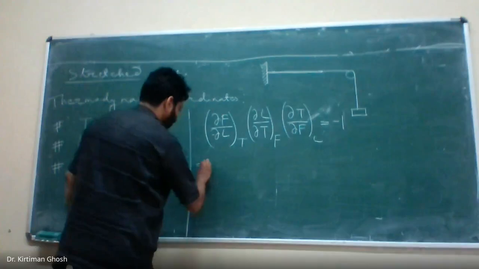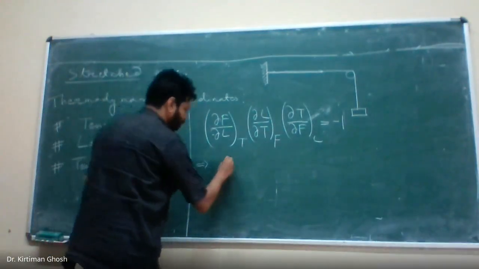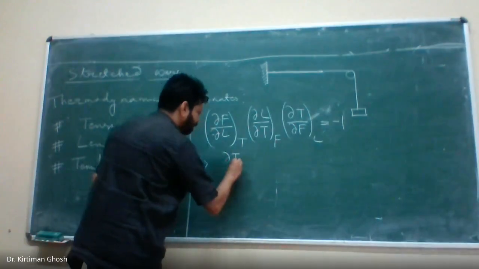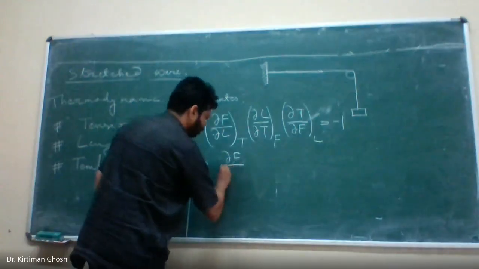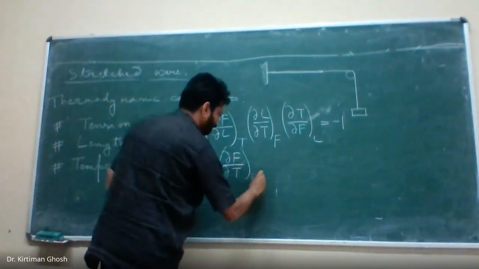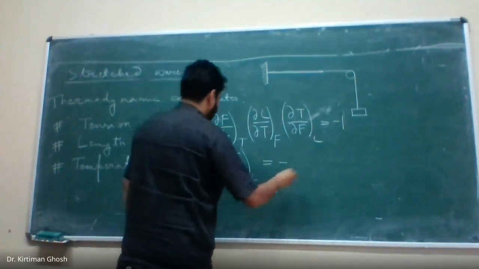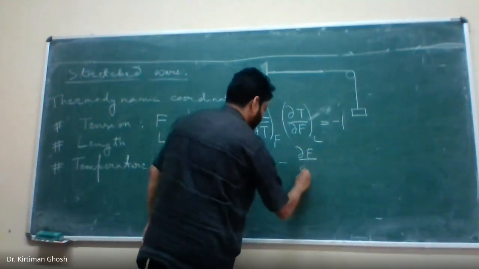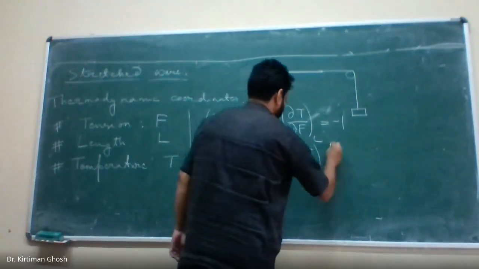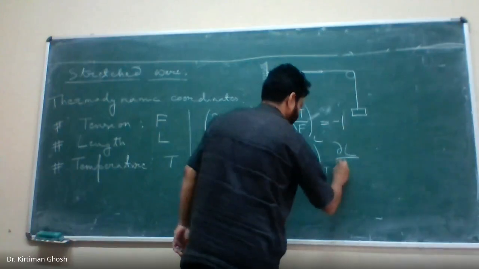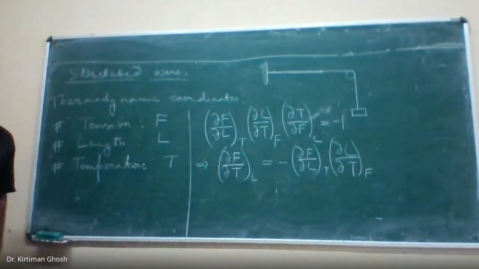Do the same thing. So you can write del F by del T at constant length should be equal to minus del F by del L at constant temperature, times del L by del T at constant tension.